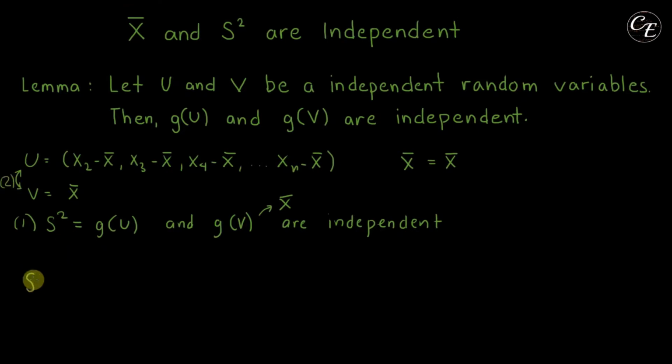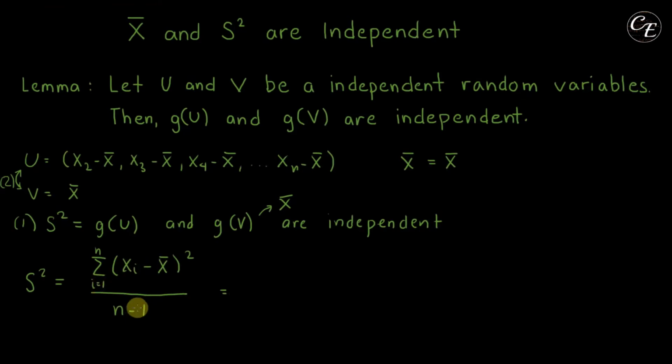The sample variance, we can write as the summation of x sub i minus x bar squared from i equals 1 to n, over n minus 1. Then we can extract the first term here, removing i equals 1.